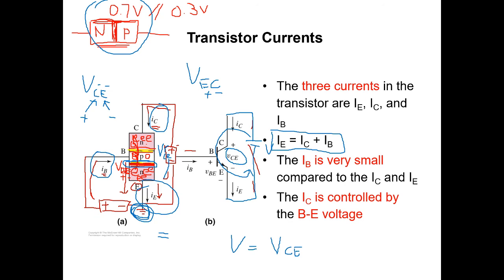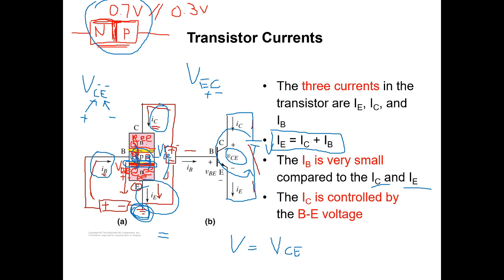Because the B region, this P, is lightly doped. So at one time only a few electrons can flow to the P type. Maybe if this P has two holes, at one time only 2 electrons can flow to the holes. That's why IB is very small compared to IC and IE.